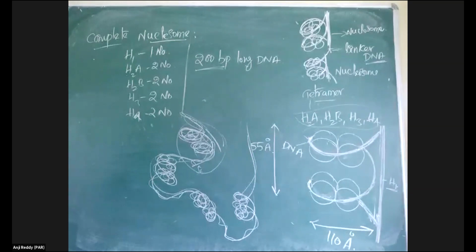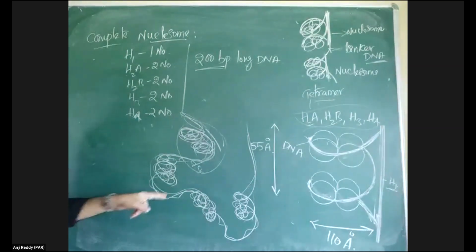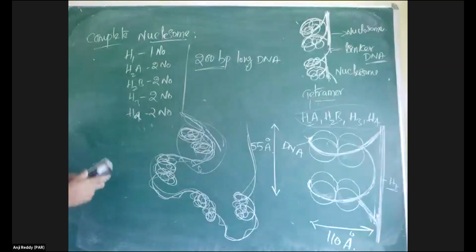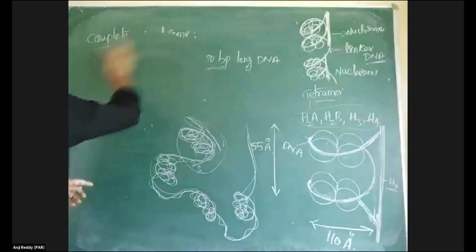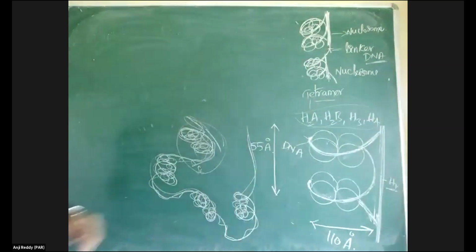That chromatin material is appearing as beads on string. We can observe this under electron microscope in a nucleus. Once beads on string appearance is formed, then again it is coiling. See here how this is coiling.